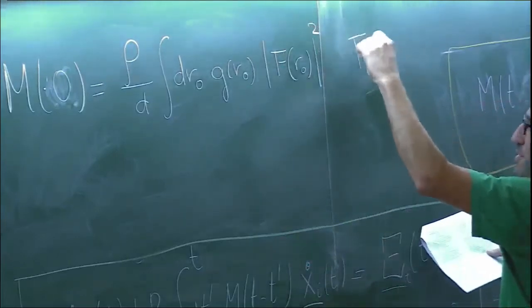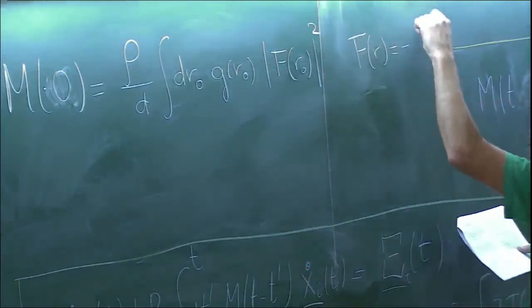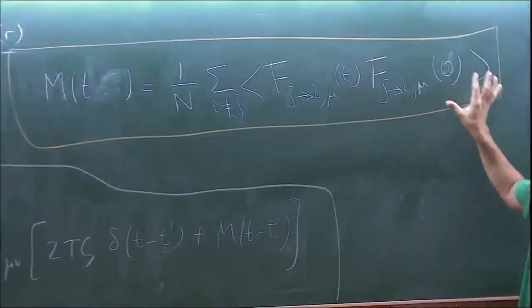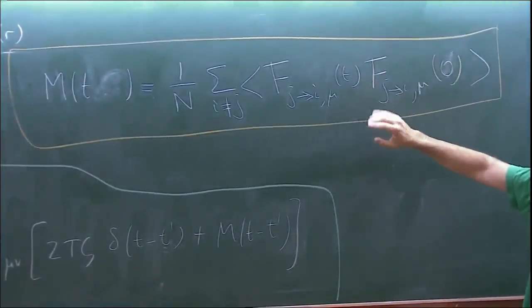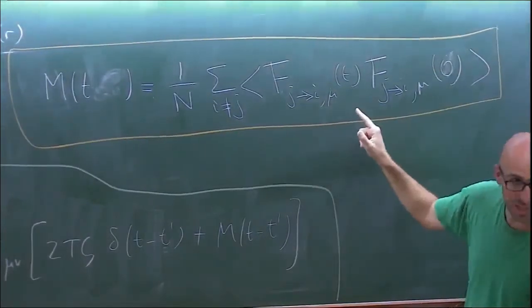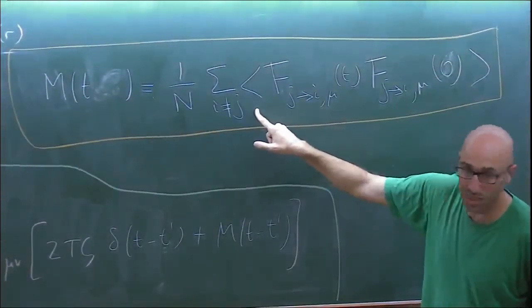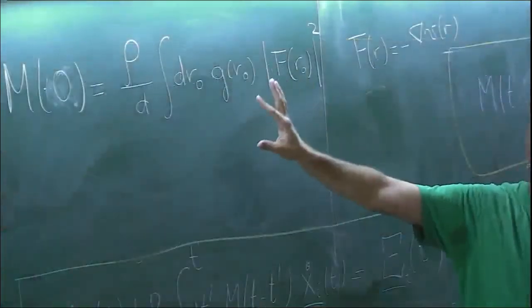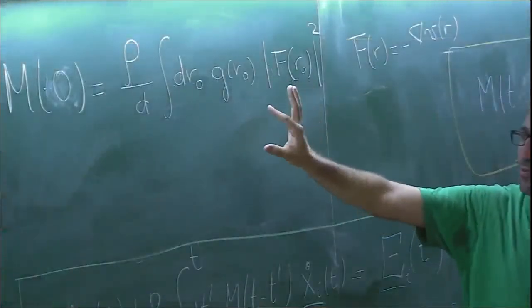Here f of r is minus the gradient of V of r. Is it fine? If you put 0 and 0, it's just a thermodynamic average. And you know that if you have a thermodynamic average of some function that depends on i and j, summed over i different from j, by definition of g of r it can be written in this way. I hope you see it.